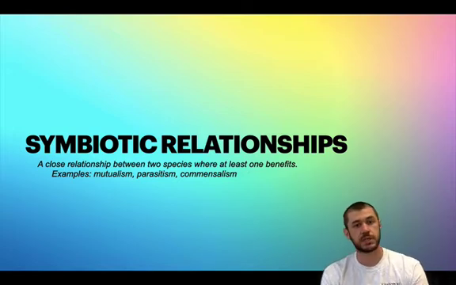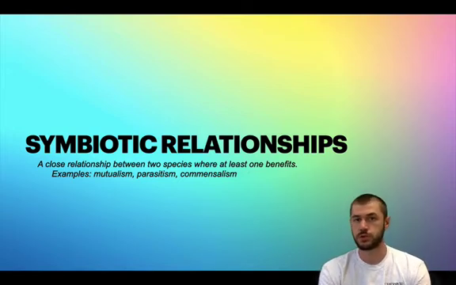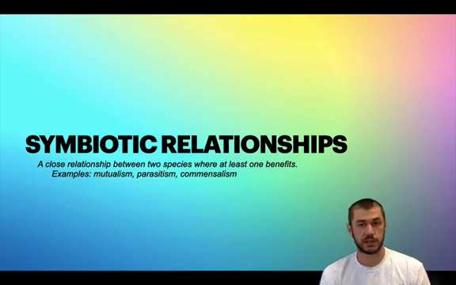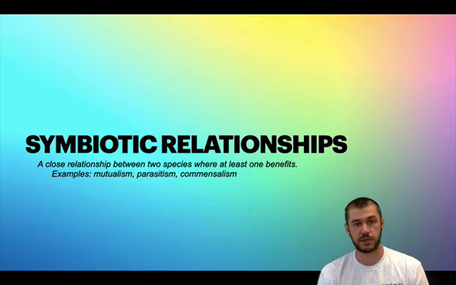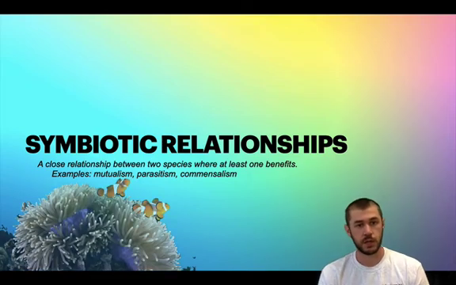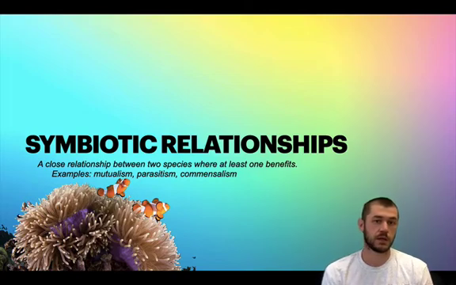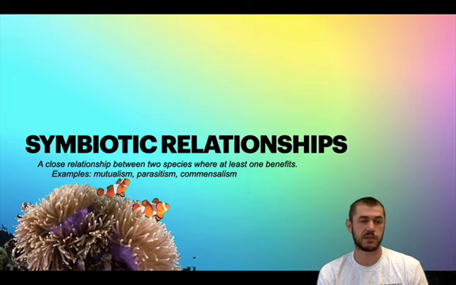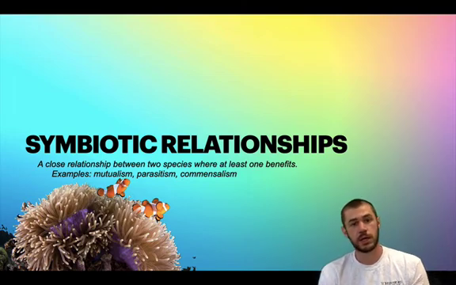Symbiotic relationships. Those are close relationships between two species where ultimately one of those species is going to benefit. So we'll talk about mutualism, parasitism, and commensalism as three different examples of ways that species can interact. In mutualism, both species benefit. So in this case, we have a clownfish and an anemone.